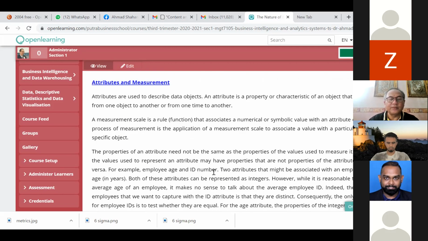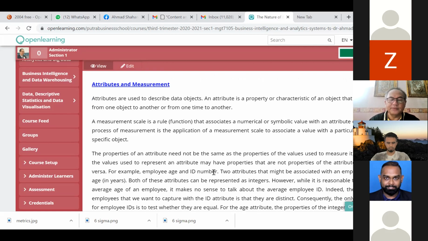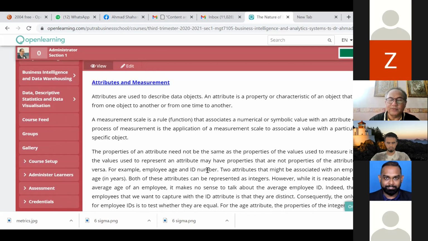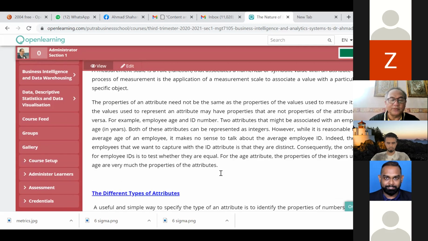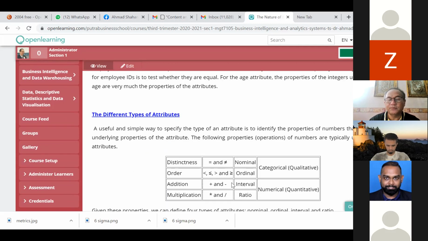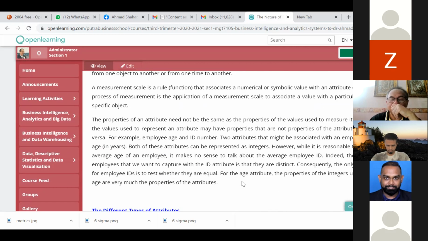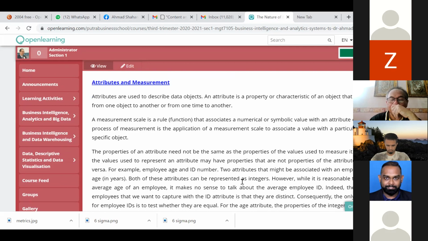There are properties of this attribute that I think are difficult for you to understand, so I'll give you an example. Different types of attribute. For example, two attributes pertaining to a staff: one is ID, the other one is age.